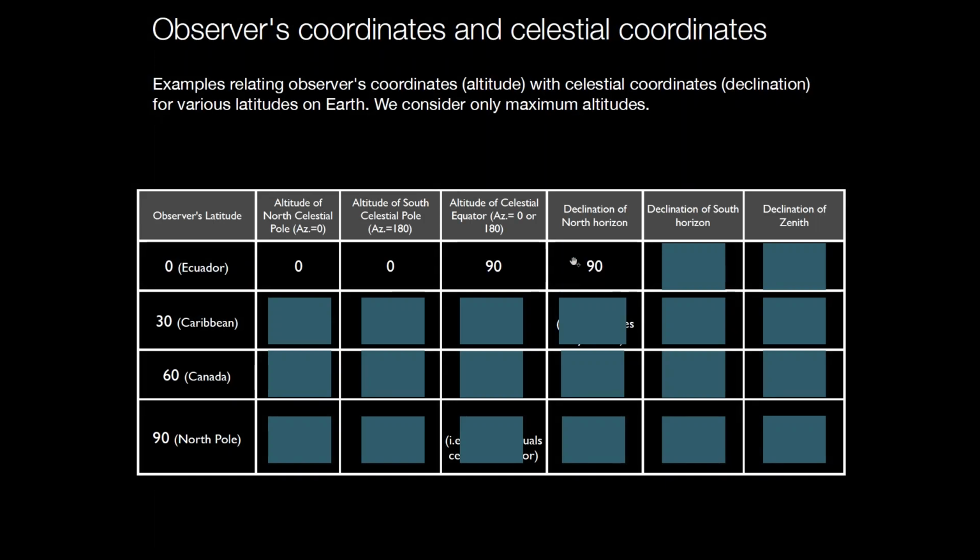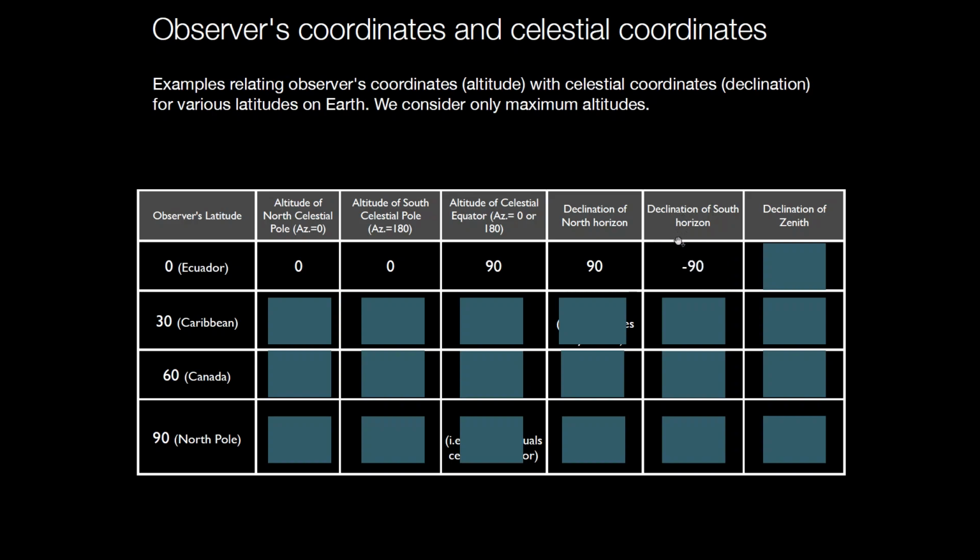The declination of the southern horizon: we said that on the southern horizon we have the South Celestial Pole in this geometry, so the declination is minus 90 degrees.